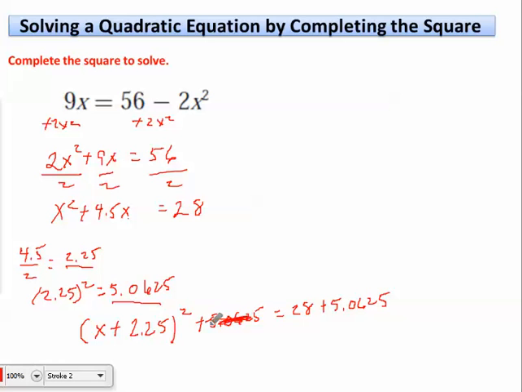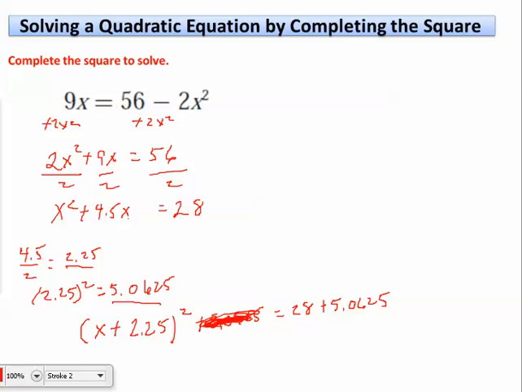Oops, sorry, that wouldn't be there because I already added it to this side of the equation. Okay, so let's take 28 plus 5.0625 and I get 33.0625.